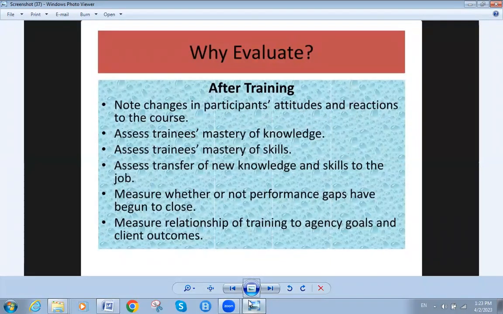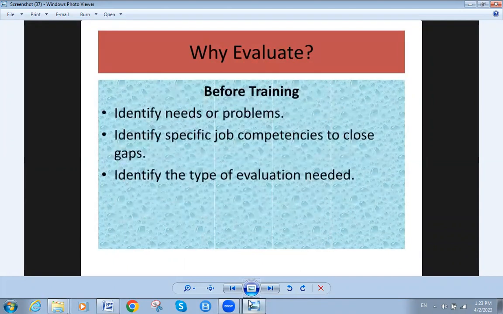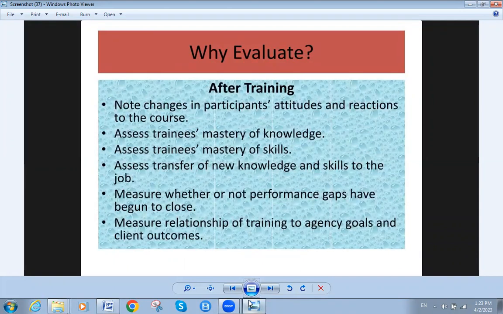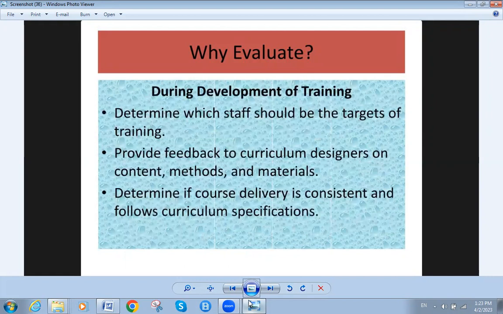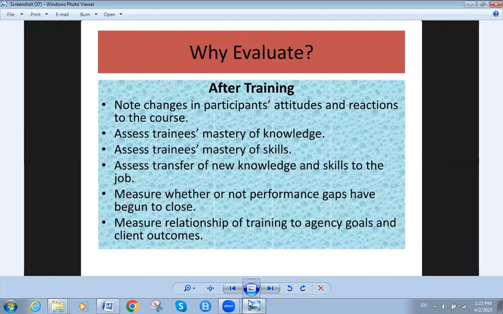Like I showed you here, before training and during training and after training, the 3 steps. And it's also why we evaluate: how and why we can evaluate. How is before and during and after. Why is the reasons.